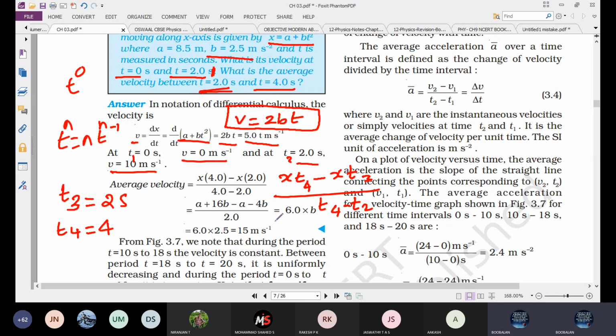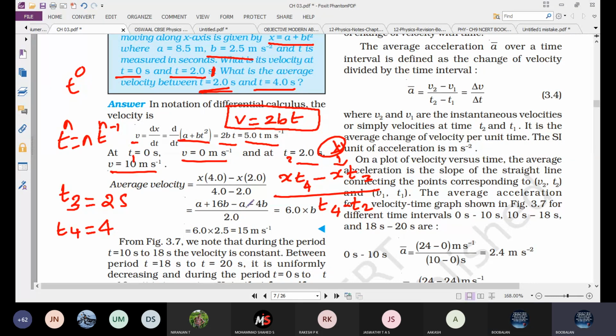In this formula you want to use. I will show you this formula. T4 value 4, T3 value 2, from the question. X into 4, x into 2.